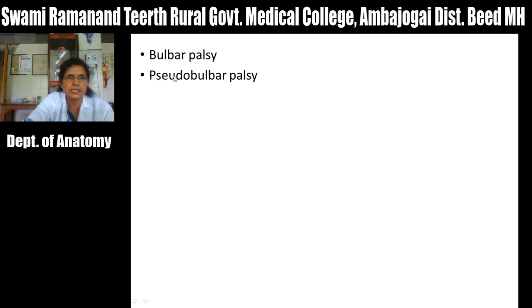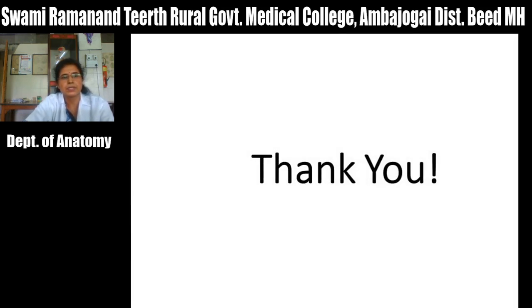Second is pseudobulbar palsy, which is an upper motor neuron lesion, that is there is damage or injury to the corticonuclear fibers, and due to this damage, the muscles supplied by these lower cranial nerves get paralyzed. That is pseudobulbar palsy. So this is about the medulla oblongata.